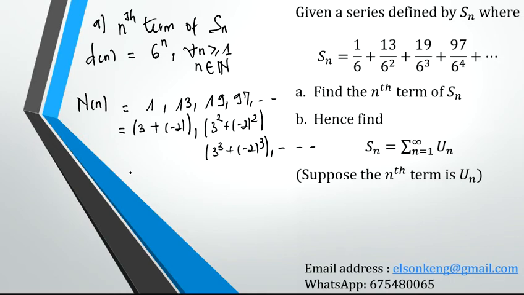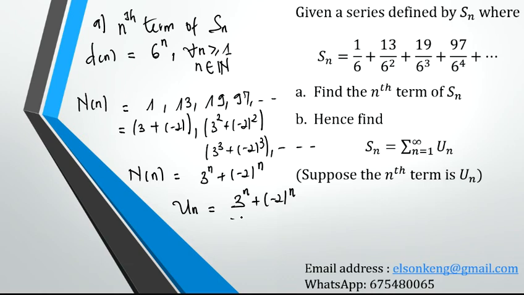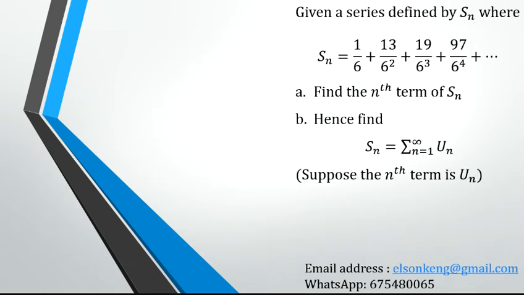So I can clearly identify that my numerator can be defined by 3 to the n plus negative 2 raised to the power n, and we also know that n belongs to the set of natural numbers, meaning that it begins from 1. From here we can deduce that our un, which is the nth term of our sequence Sn, is defined by 3 to the n plus negative 2 to the n, all divided by 6 raised to the power n.